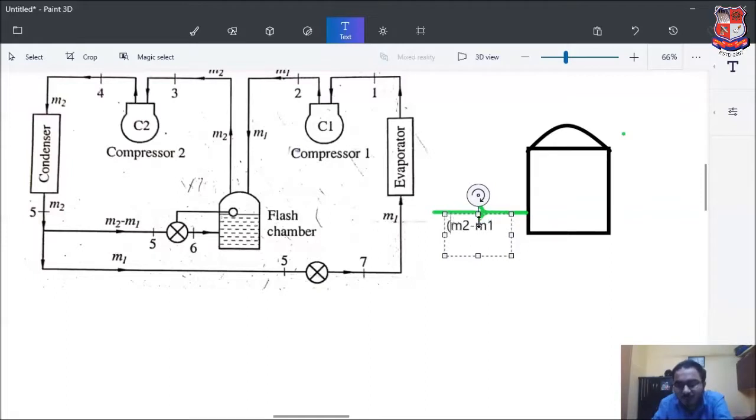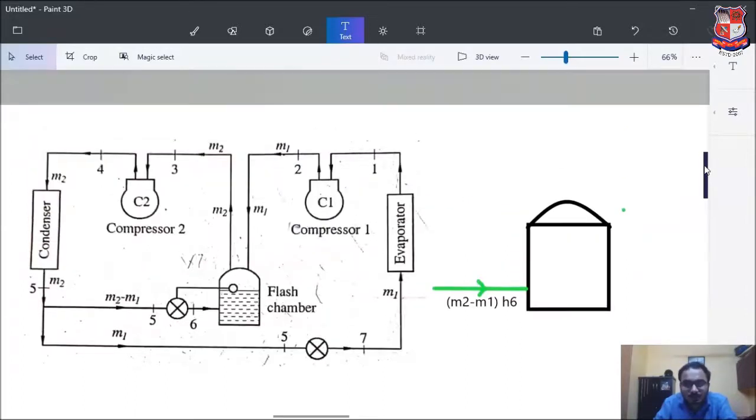So M2 minus M1 is the mass and the condition is H6. So this will be our first entry from here, coming from the condenser.